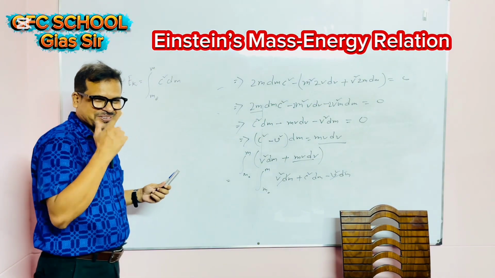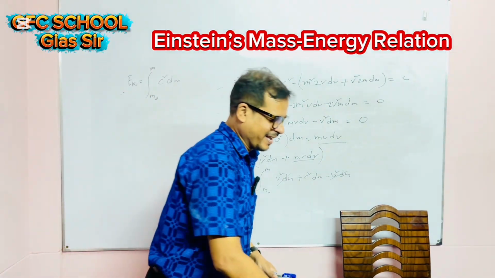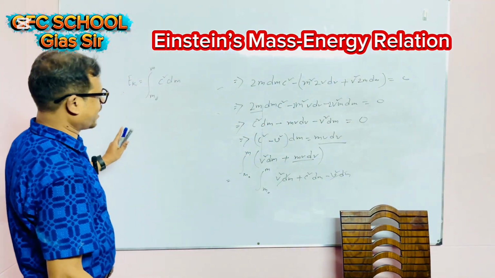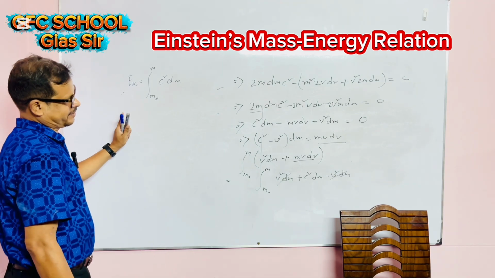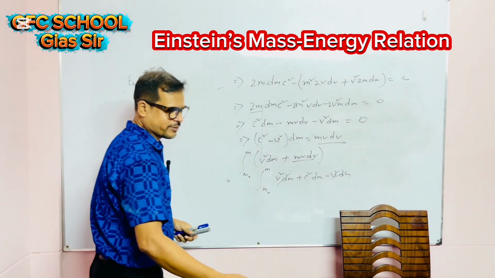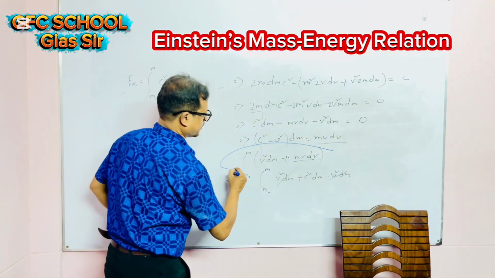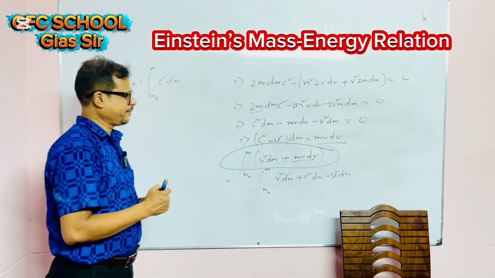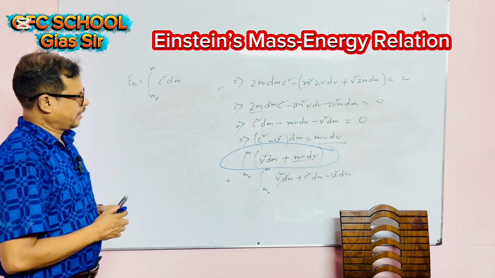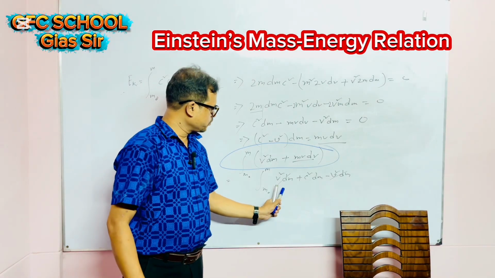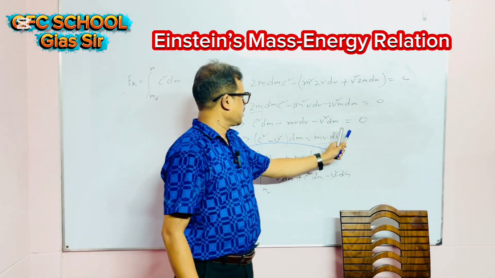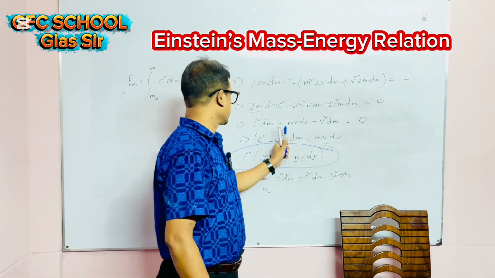Now, what can it be now? Very simple, you know. So, this integration, guys. Now I'm doing integration. This line I produced at first, and in this line I put the value of m v dv equal to this.